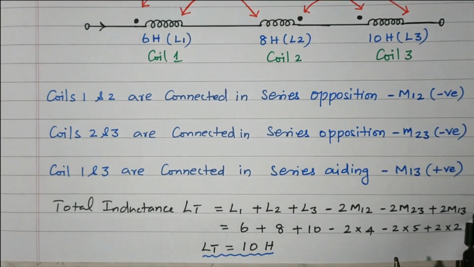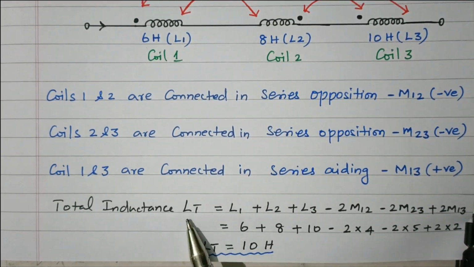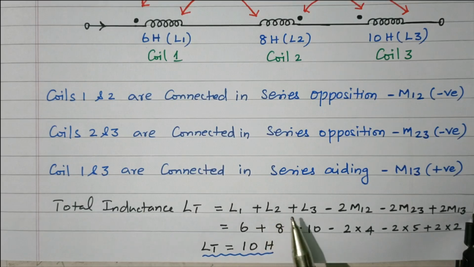The total inductance LT is L1 plus L2 plus L3 minus 2 M12 because M12 is series opposition, minus 2 M23 because 2 and 3 are also series opposition, plus 2 M13 because 1 and 3 are series aiding, right? So these two are subtracted and this is added.